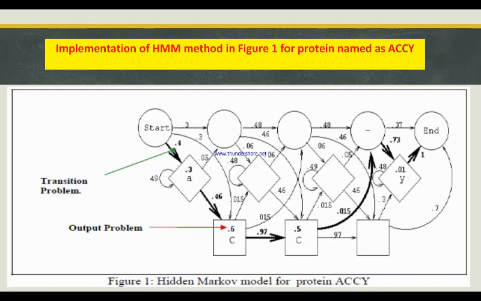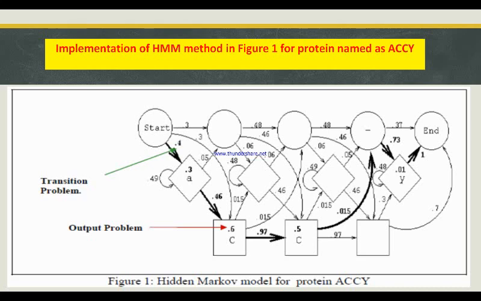As you can see, we have three kinds of box shapes. At first we have the square part, which is called match states. All the boxes actually represent states, and the square boxes represent match states.